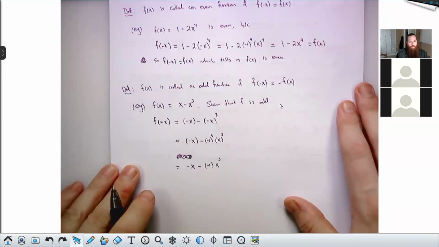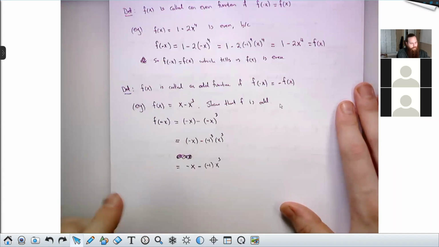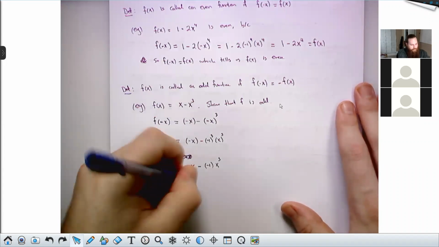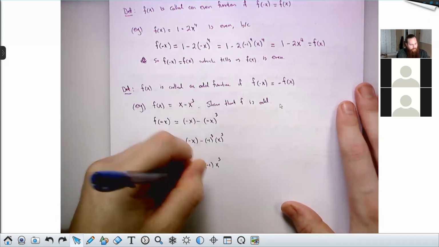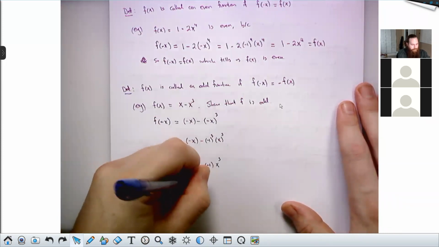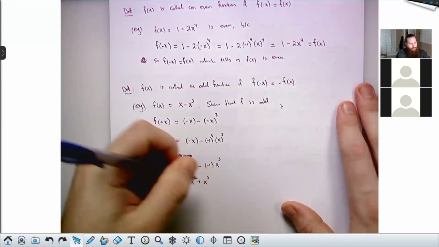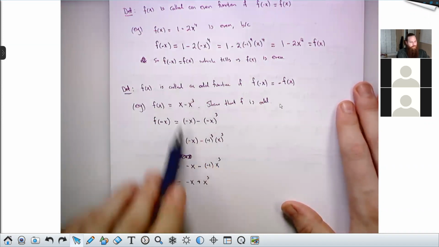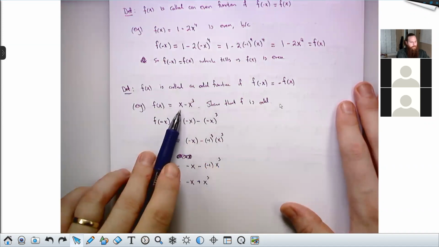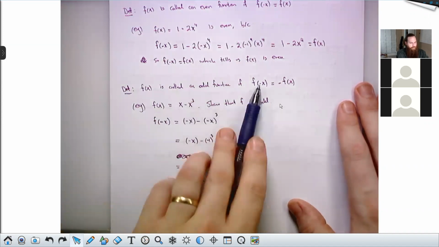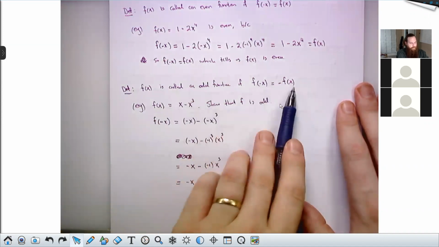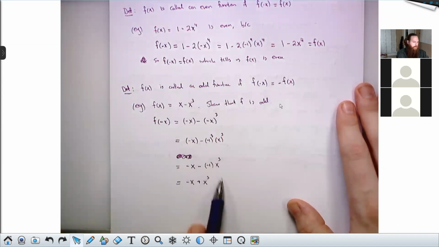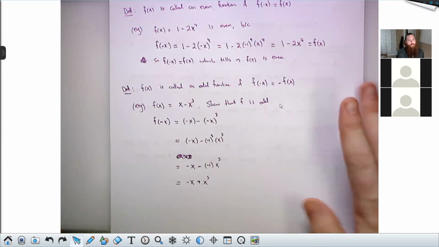Now this doesn't look like my original at all. I can say this is negative x minus makes plus x cubed. But that still doesn't look like my original at all. And remember, my goal is to show that f of negative x is negative f of x. So what could I do from here to make my original function show up somewhere in this mess?